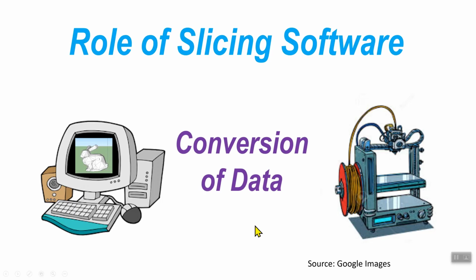So that is the major role of data conversion, the purpose of a slicing software: understanding the STL file and giving the commands to the machine on how to make the virtual model into a physical model.